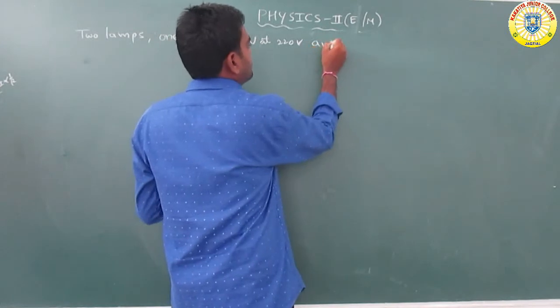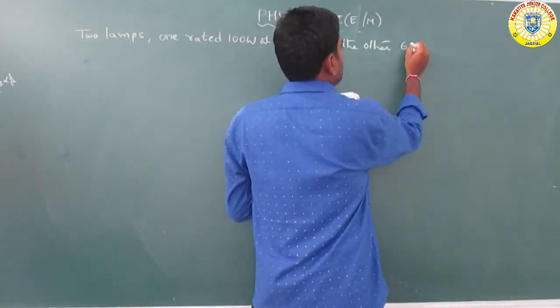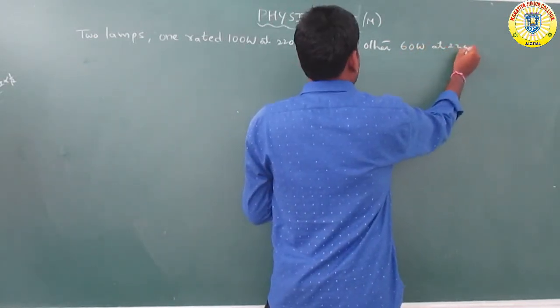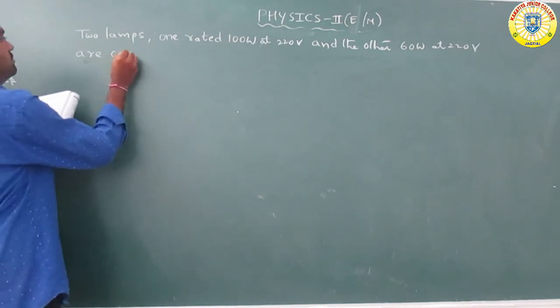Two lamps, one rated 100 watts at 220 volts supply, and the other 60 watts at 220 volts supply, are connected in parallel to a 220 volts supply.